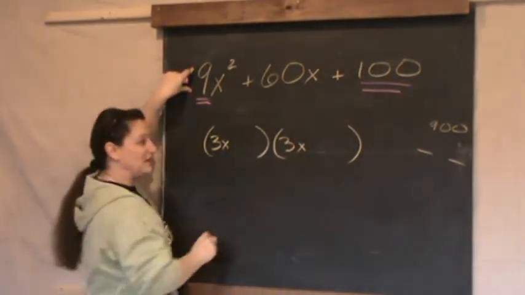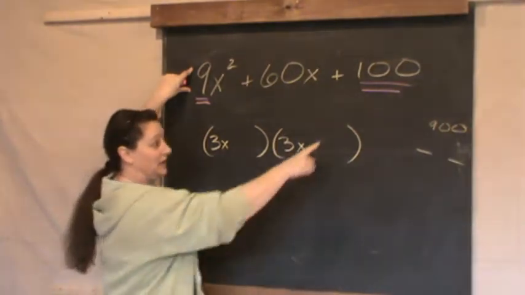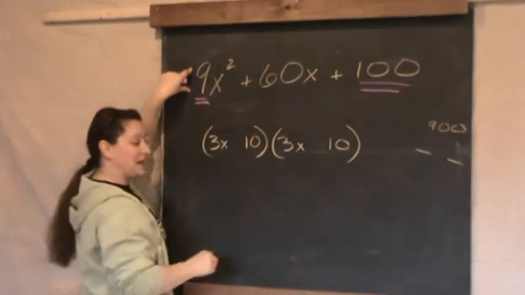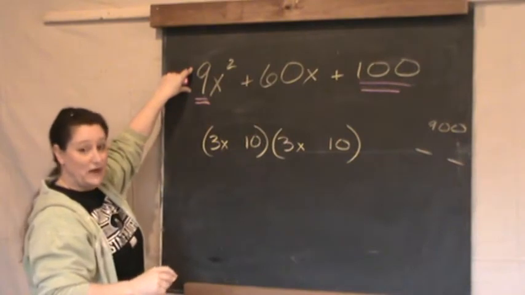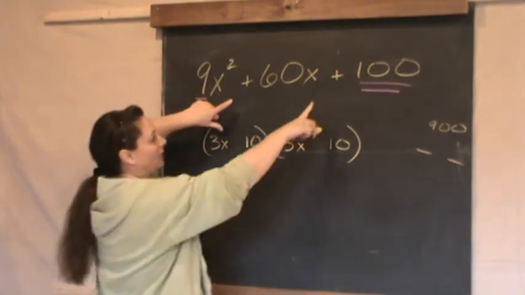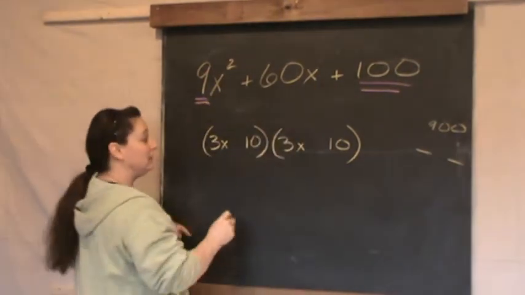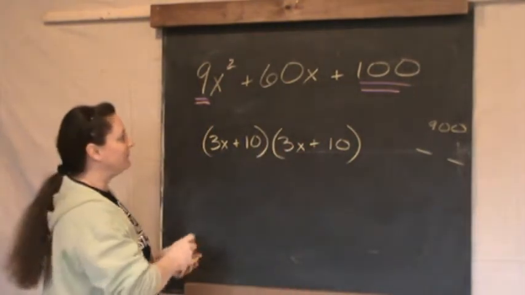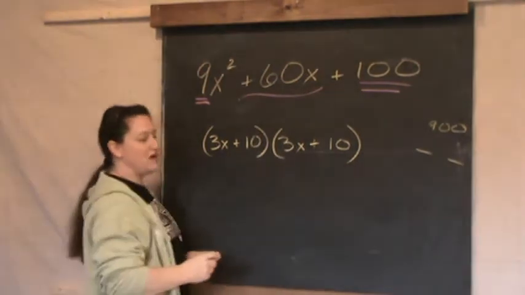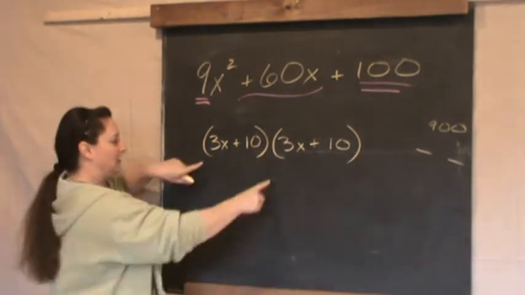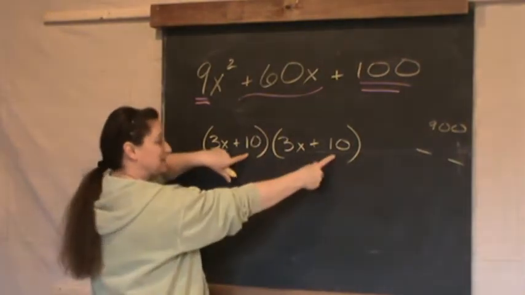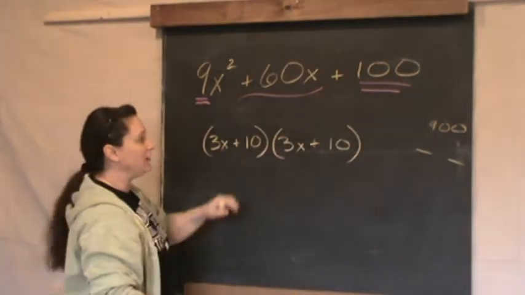So let's see what would happen if I started both with 3x. This is 10 times 10. Perfect squares. The whole thing is addition, so this whole thing would be addition. Now, let's verify if that works. 3x times 3x, boom, 9x squared. 10 times 10, there's the 100.